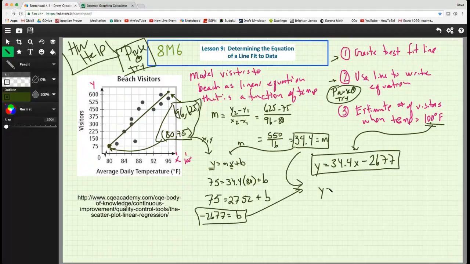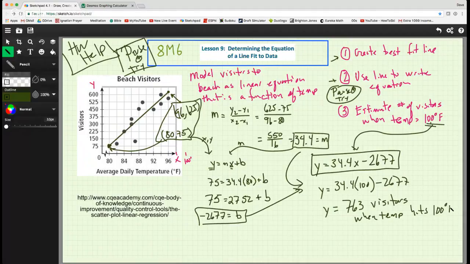And we go, well, y is equal to 34.4 times 100 minus 2677. And we get y equals 763 visitors when temp hits 100 degrees Fahrenheit.